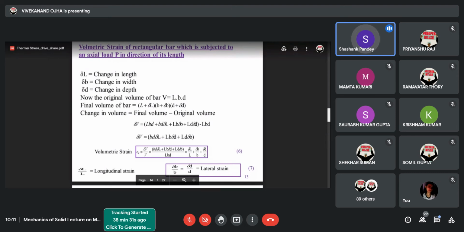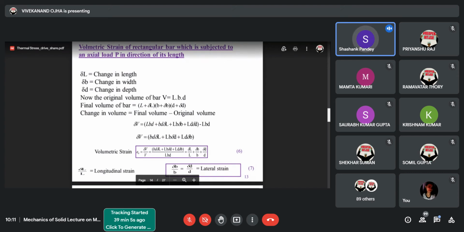So if there is equal strain in the lateral direction, where longitudinal direction means along the length and lateral means perpendicular to the length, so if there is equal contraction in both the directions, we will have lateral strain of equal magnitude.